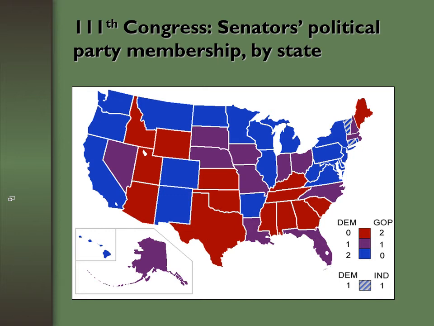I'm looking at the states of Colorado and New Mexico. Those states tend to lean Republican. In 2008, they went Democrat. Colorado, I would say, went blue because the Democrats had their national convention. Your professor, myself, I was a delegate to that convention in Denver.